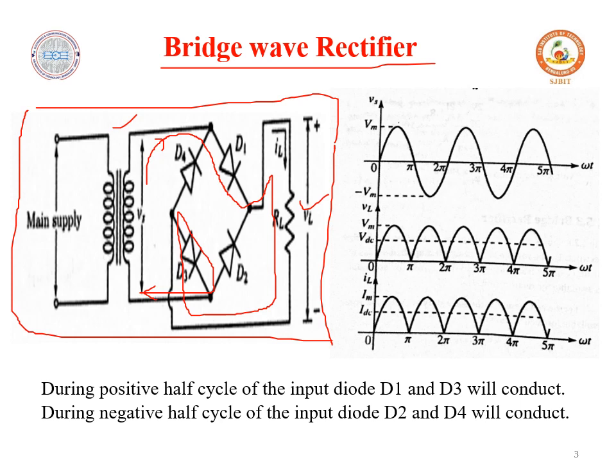During the negative half cycle, D2 and D4 will conduct.